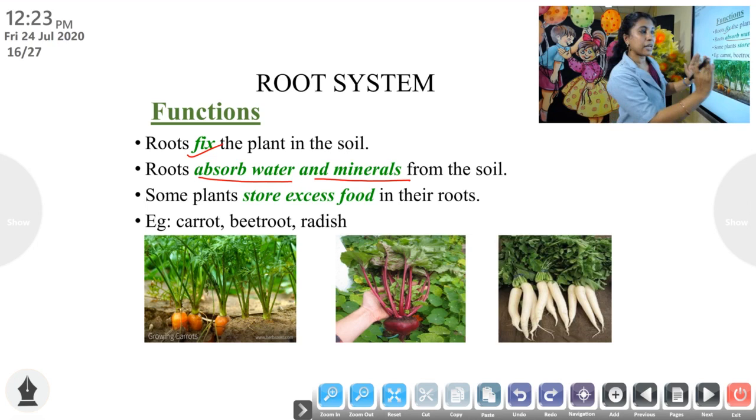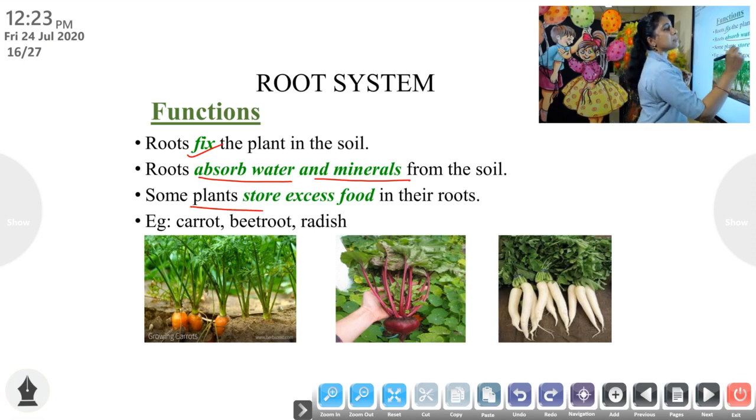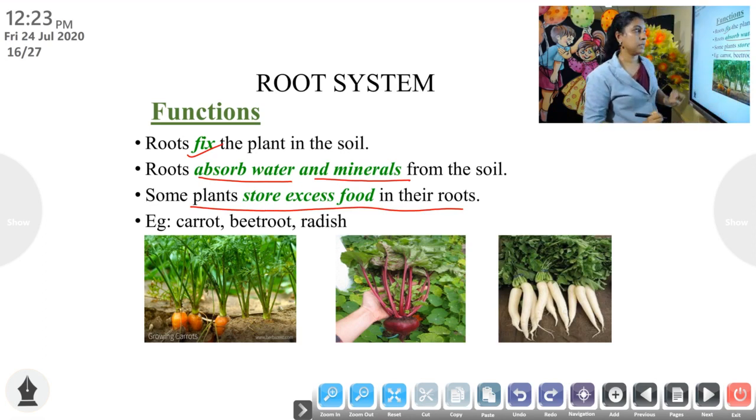Clear? That's the second point. Next point, some plants store excess food in their roots. The root system of some plants store extra food prepared by the leaves. Clear? These are the three functions.